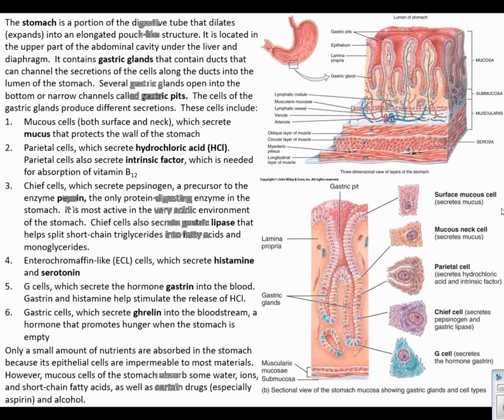Now, gastric lipase is an enzyme that is an ase. And just like lingual lipase, we've got gastric lipase. Actually, both gastric lipase and lingual lipase work really well in our stomach because they prefer that really low pH.